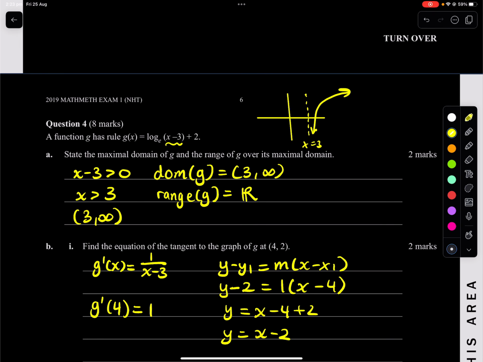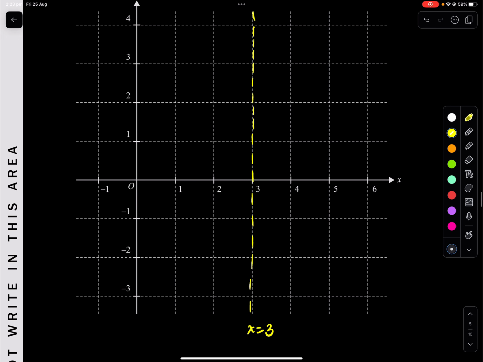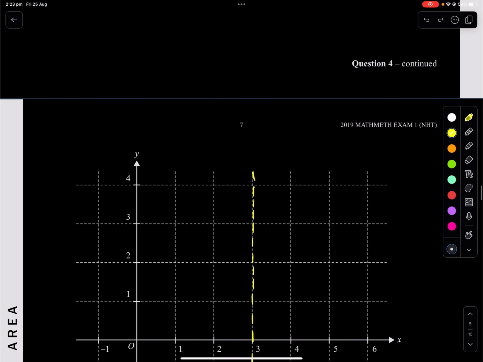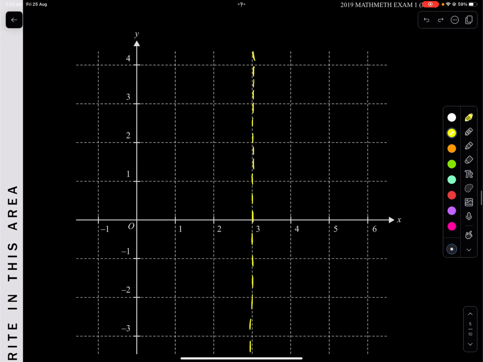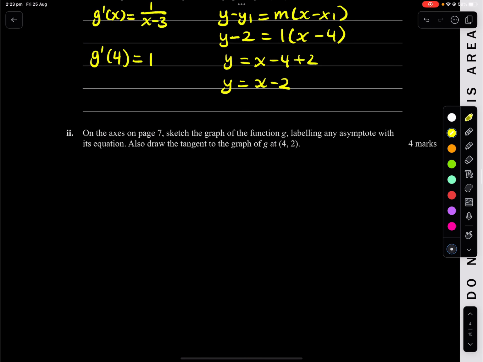It goes like this, but let's just say we sub in a point. For example, let's sub in 4. It'll be 4, 2, which is over here. This is the point. What about 5?